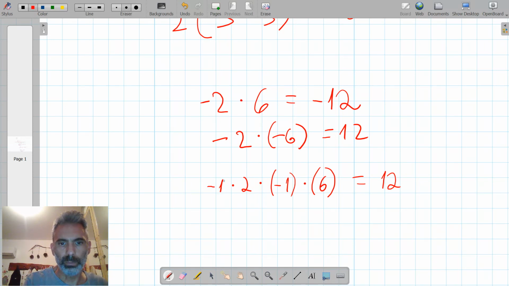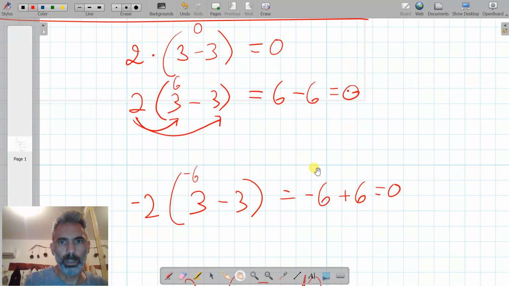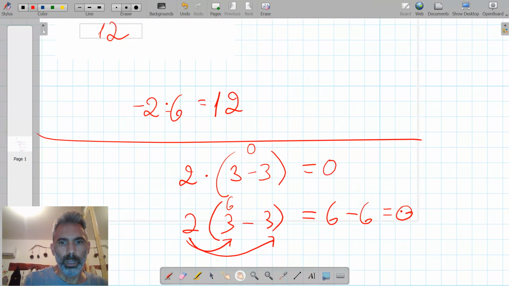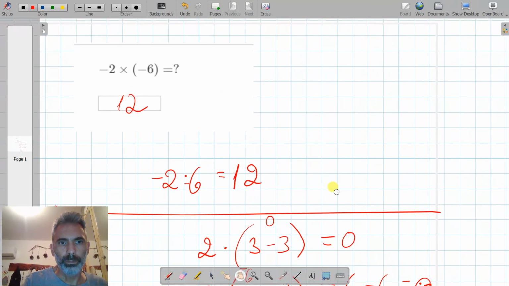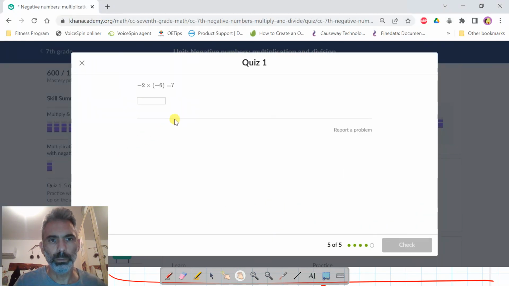So 12 times minus 1 is minus 12, and then we have another multiplication by minus 1, which takes us back to positive. And okay, so that's why a negative times a negative is positive. So minus 2 times minus 6 is positive 12.